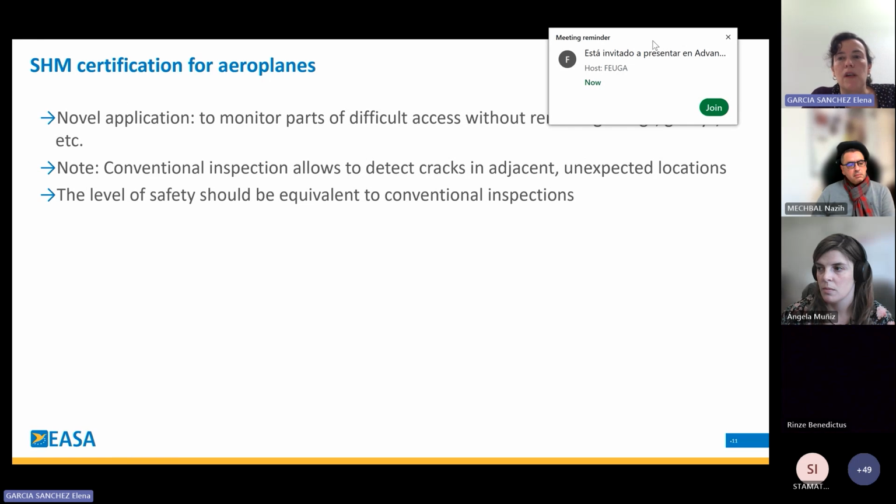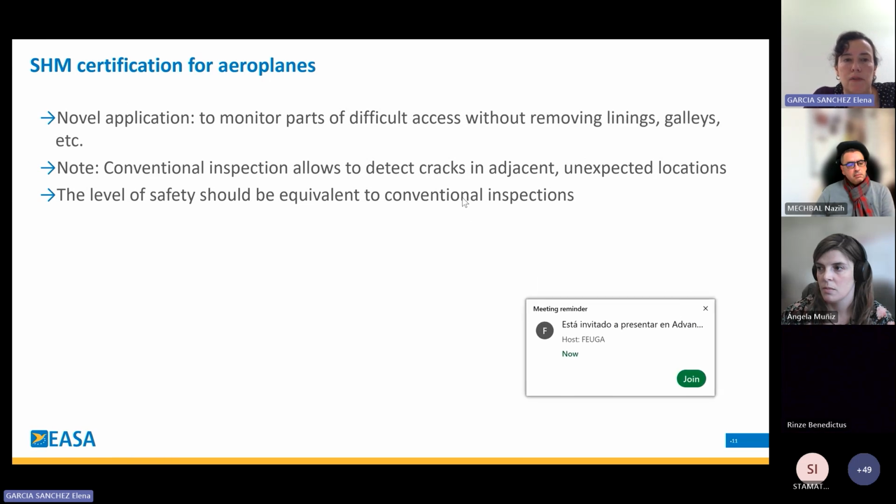Then I will go into a wider concept of SHM certification. This MORPHO is for engines, so this is for aeroplanes, which is the area I'm more familiar with. This is a novel application, about monitoring parts with difficult access. The benefit is you wouldn't have to remove the linings, gullies, so it's a commercial benefit in operation.